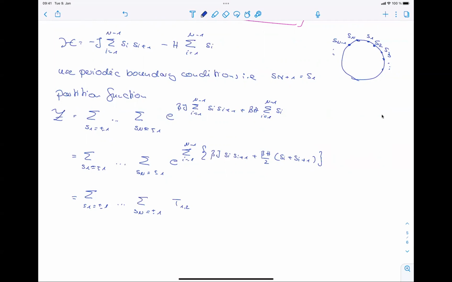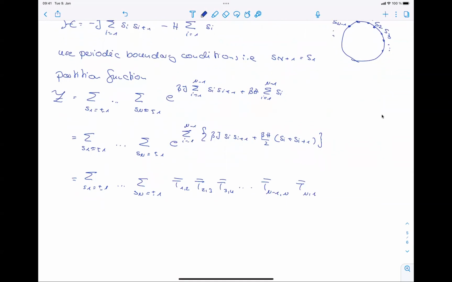And in the end, I'm going to have here a product of individual transfer matrices that are representing this exponent for looking at Si, 1 to 2, 2 to 3, 3 to 4, and so on, and then just to have the symmetric boundary condition, I go from n again to 1.